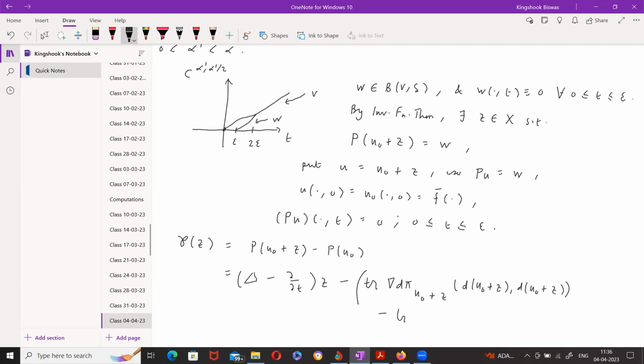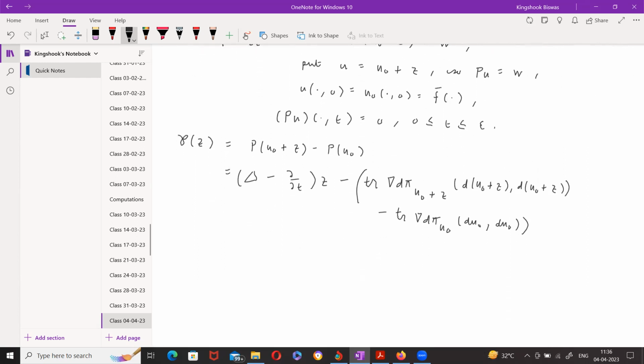So I'll have a minus trace of nabla d pi at the point u naught of du naught comma du naught, right? Okay. Yeah, so this part is nonlinear in Z. This part is fine. This is a linear parabolic operator.